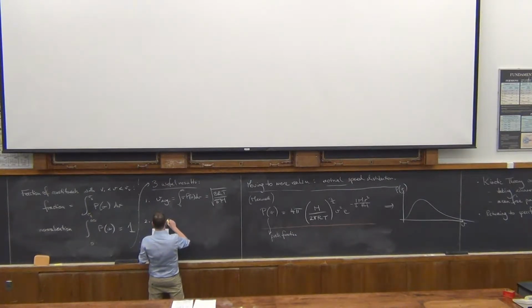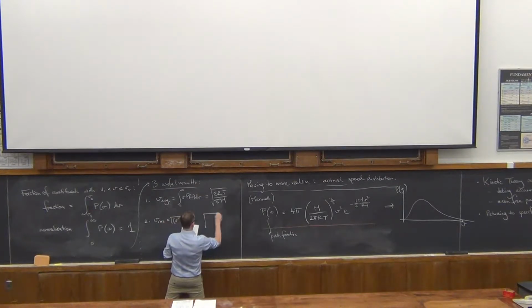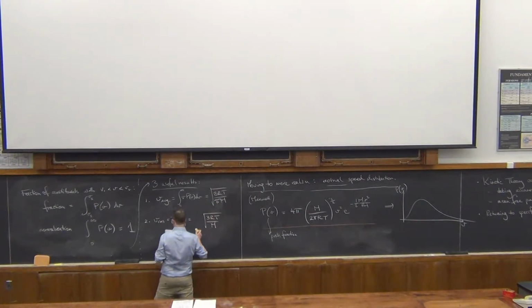Okay, now to come back to Joseph's question, RMS, here it is again. It's the square root of the average of the squares, so specifically defined. I'm not going to write this out. It turns out that the result here is the square root of 3RT over M. Note this has 8 over pi, this is just 3.